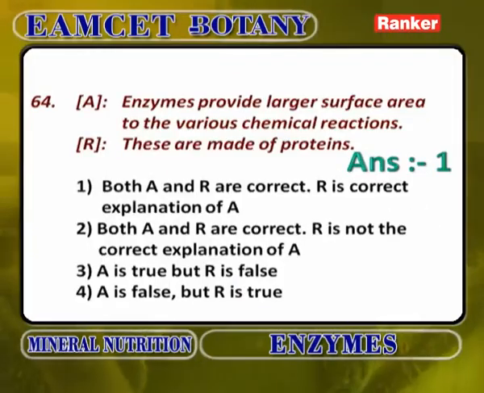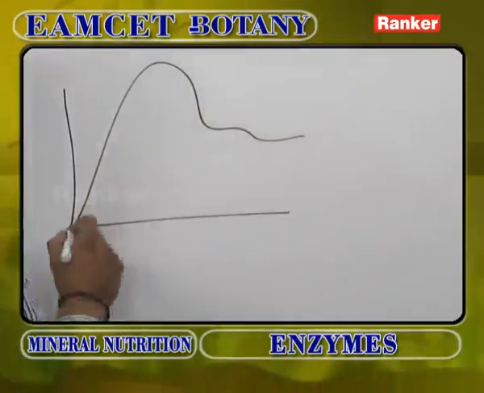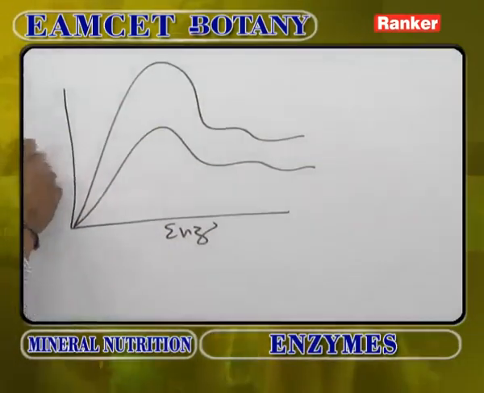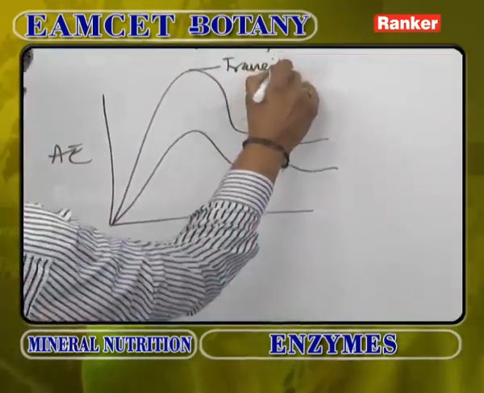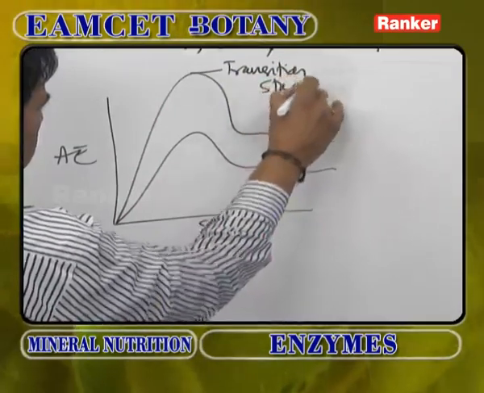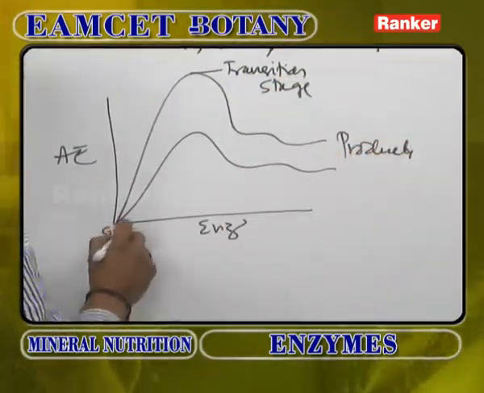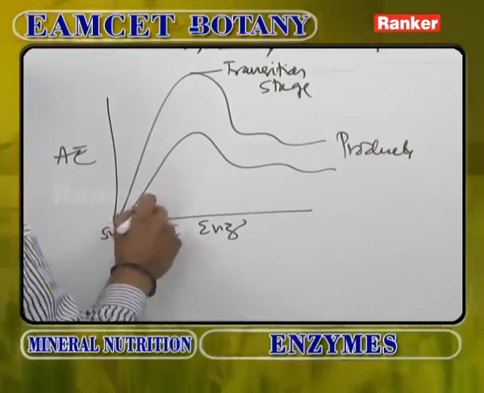What is activation energy? It is represented like this. This is enzyme activity and this is activation energy. This is called transition state. These are called products and this is called substrate. This is called ground state.